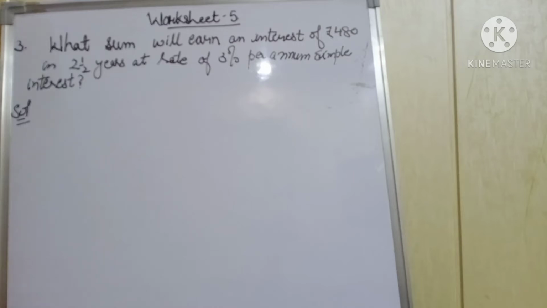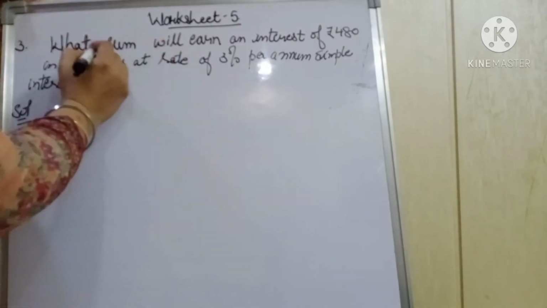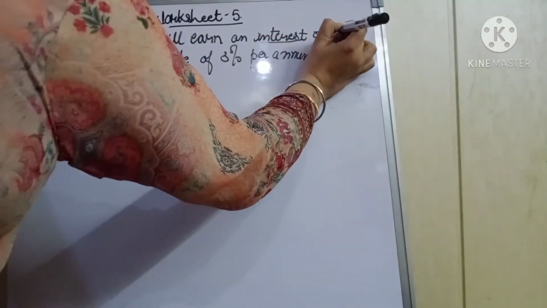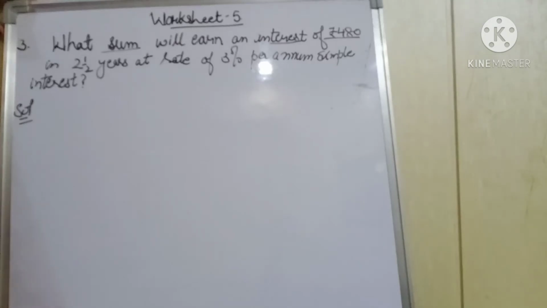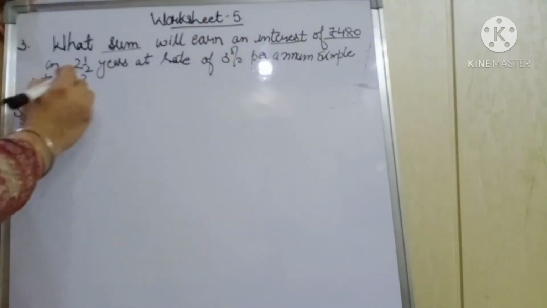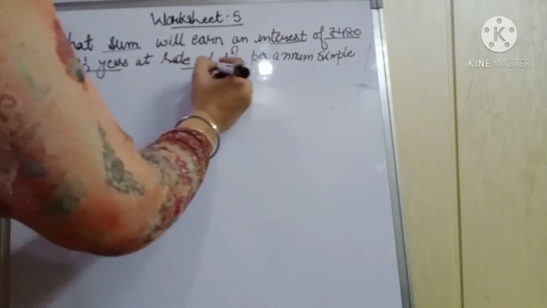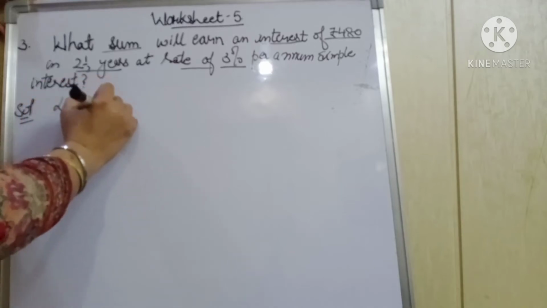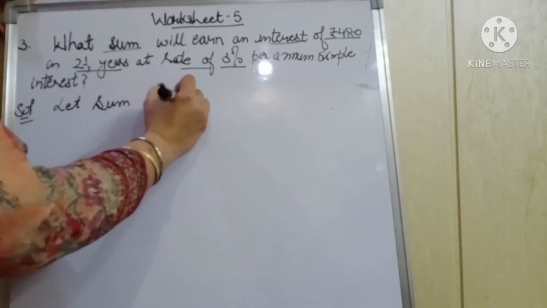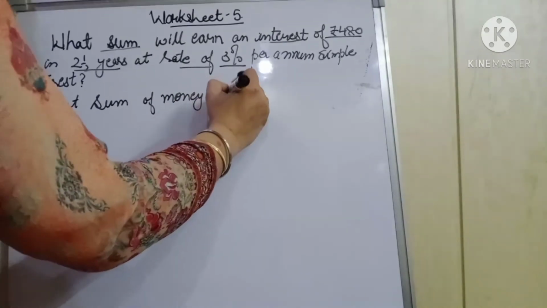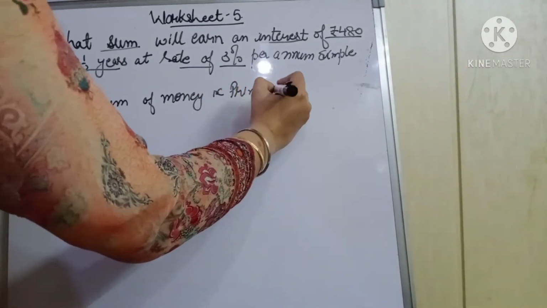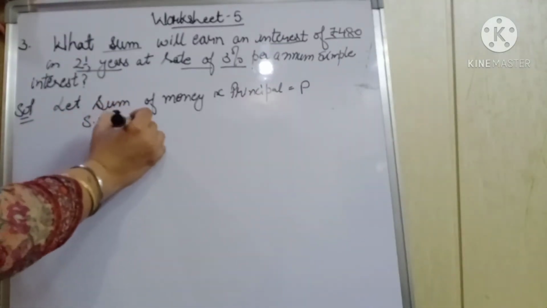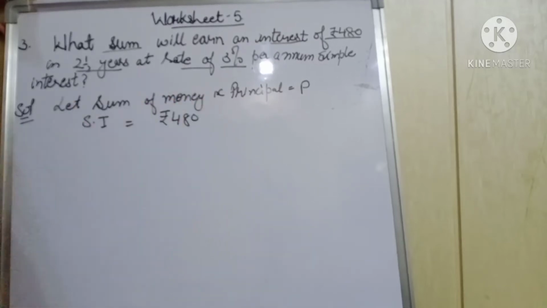Let us start sum number 3. What sum will earn an interest of rupees 480? In the previous sum, you were given the amount, here you are given the interest. Time period 2.5 years, rate of interest is 3% per annum. Now again let sum of money, that is principal, be equal to P. Simple interest is given to you, rupees 480.